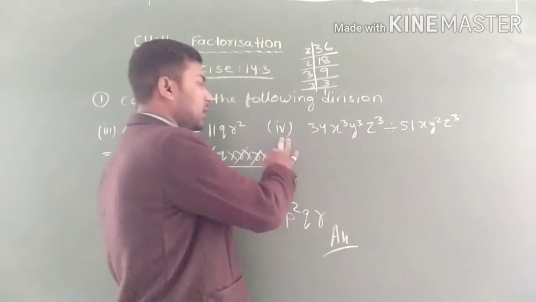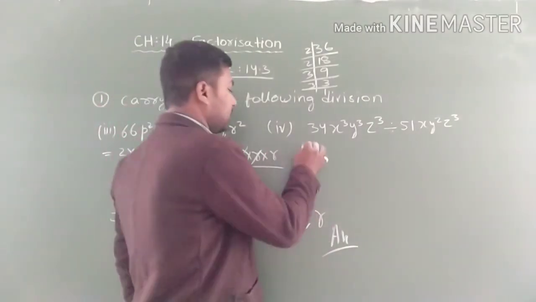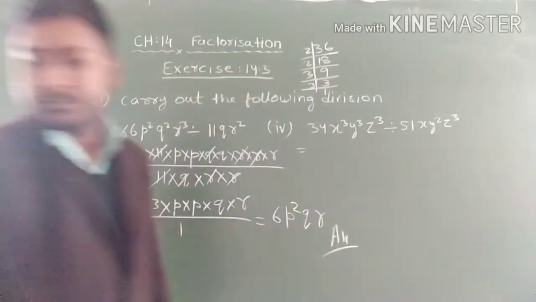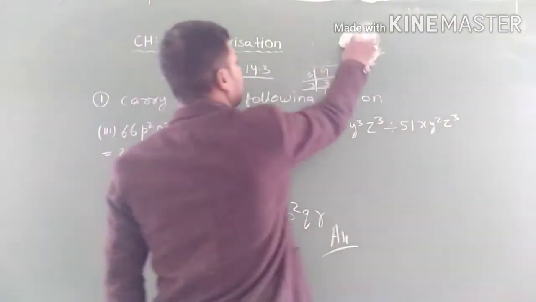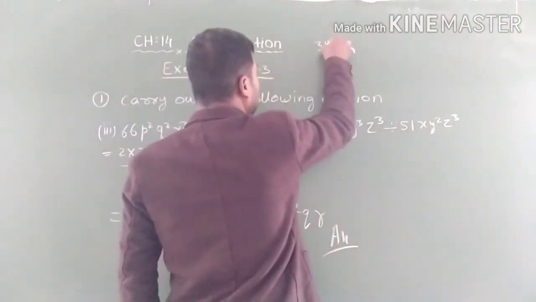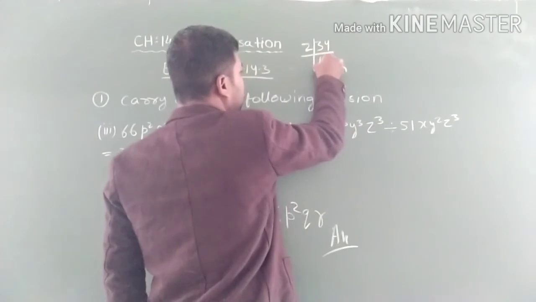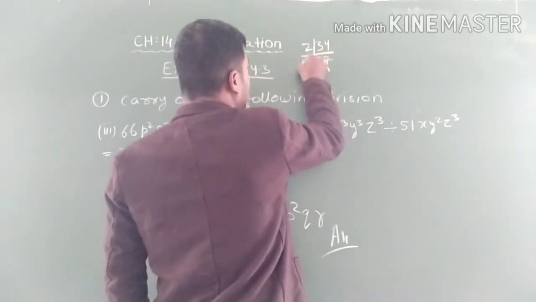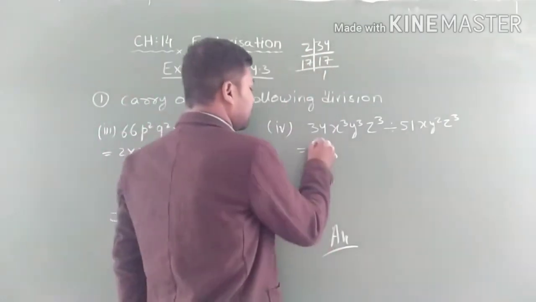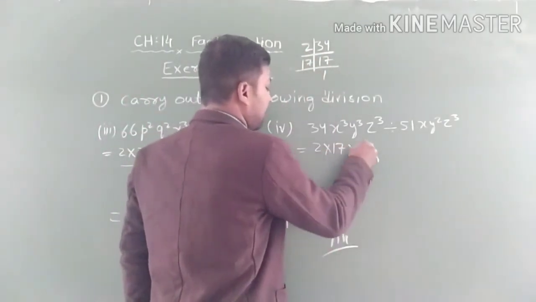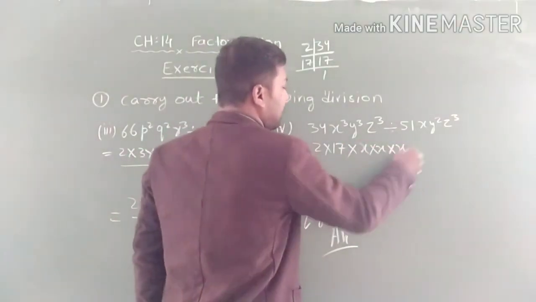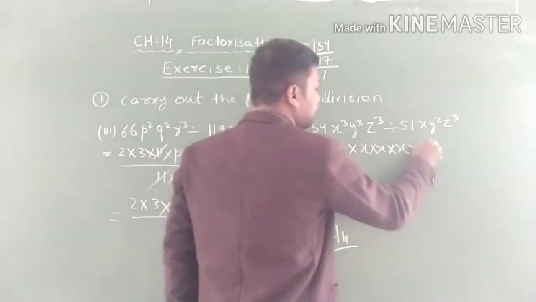Now the next one, question number 4. Again the same process. The factors of 34, find it here. Start dividing by 2. So this will be 2 into 17. Factors of x cube: 3 times x. Factors of y cube: 3 times y.